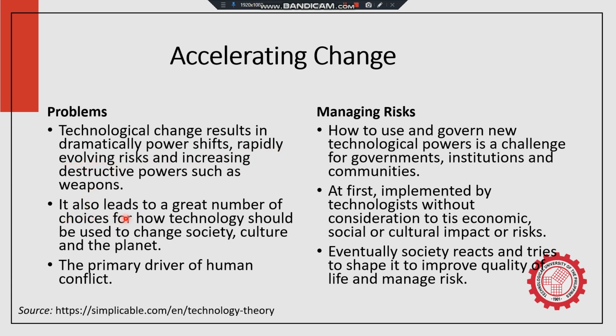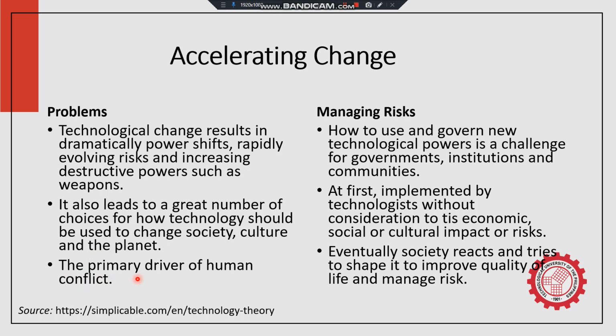It also leads to a great number of choices for how technology should be used to change society, culture, and the planet. With this theory of accelerating change, there are many choices that may arise within the technology, and those choices significantly change society.